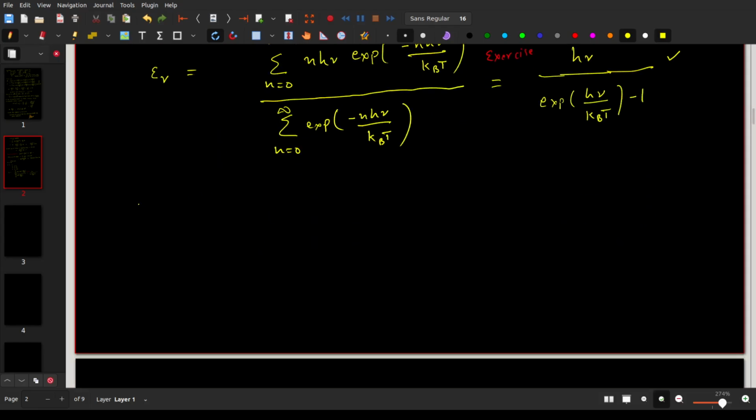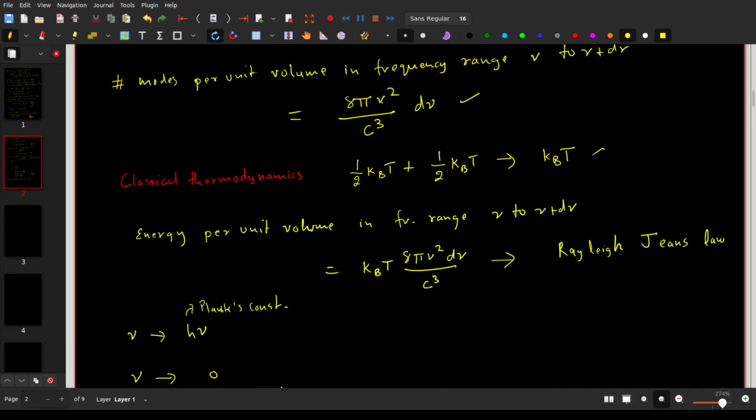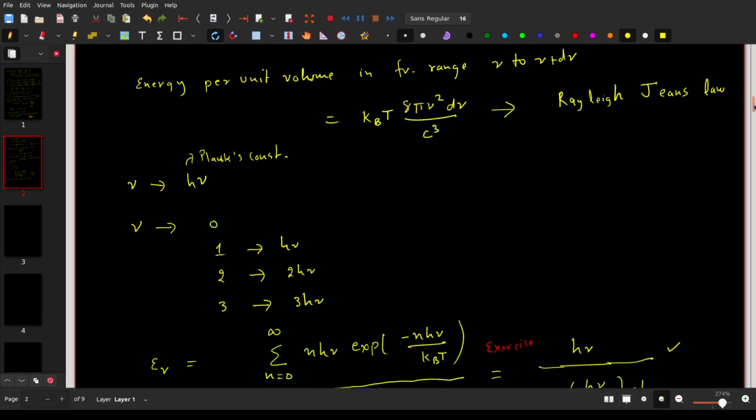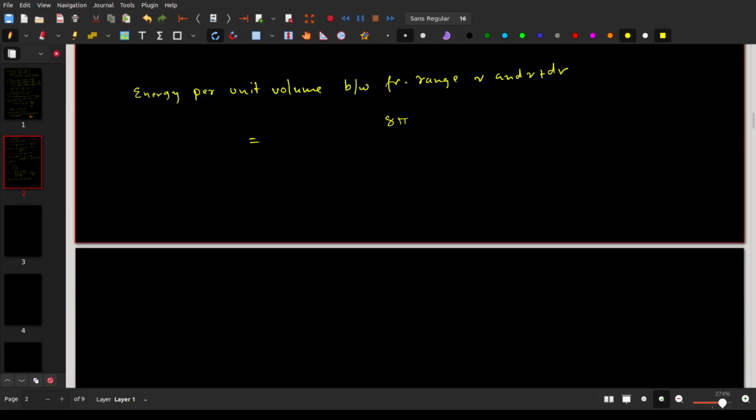So the energy per unit volume between frequency range nu and nu plus d nu is, first of all, we have the number of modes, 8 pi nu square d nu by c cube.